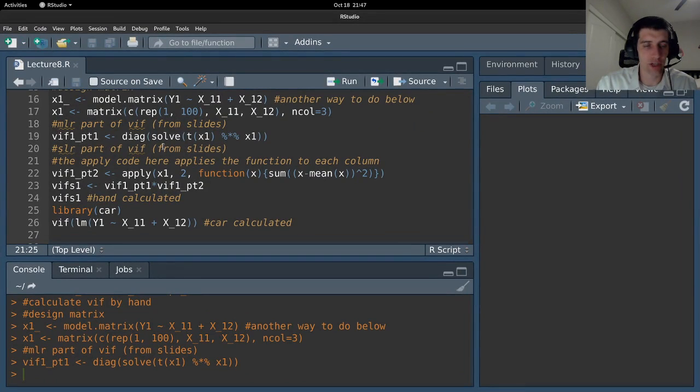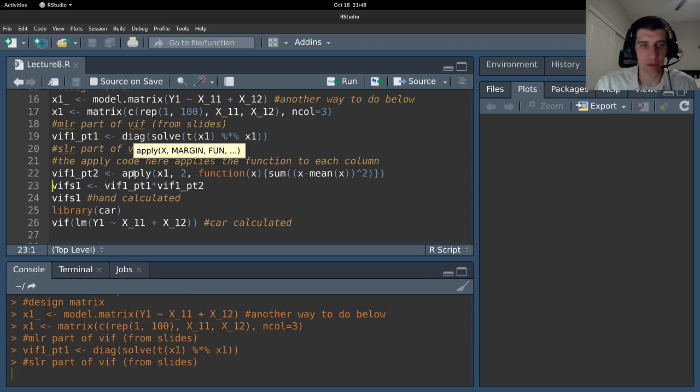The simple linear regression part of the VIF is what I'm going to apply to this design matrix. This is just a way to do the sum of X minus its mean, squared. I'm going to apply it to all the columns of the design matrix simultaneously.